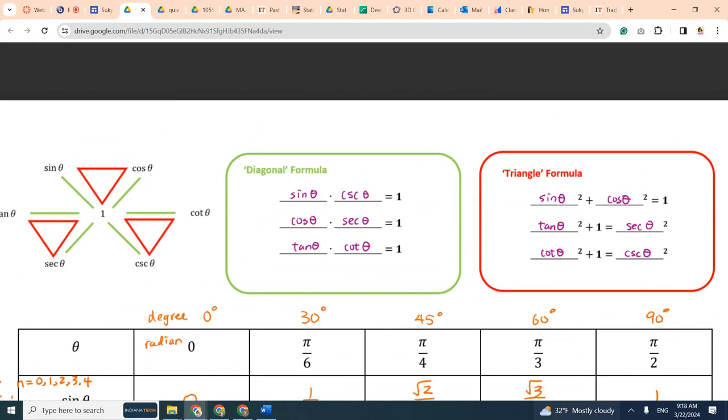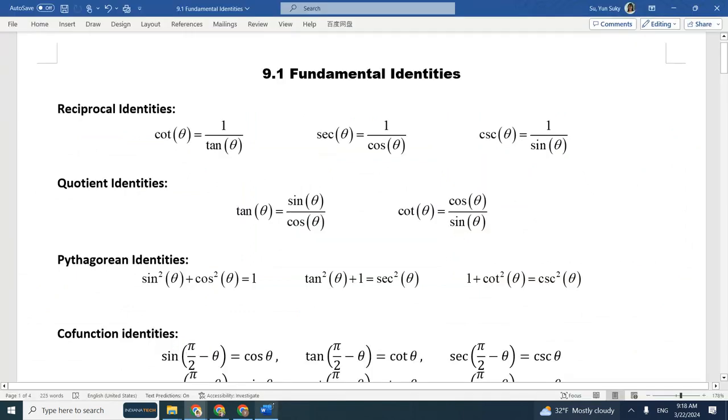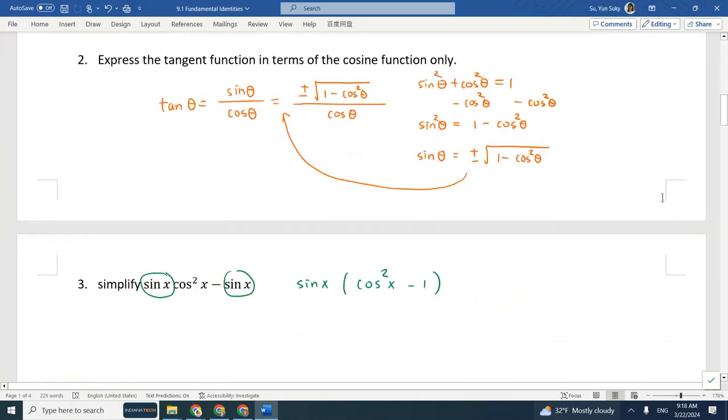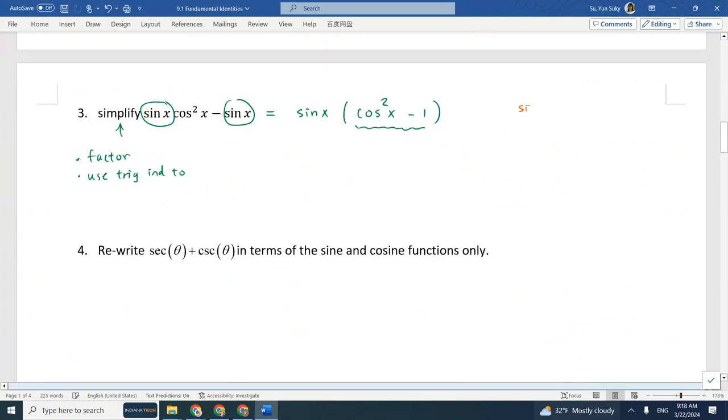So if you see square and 1, look at the triangle identities. Which one has cosine square and 1? The first one. So we use that: sine square x plus cosine square x equals 1.